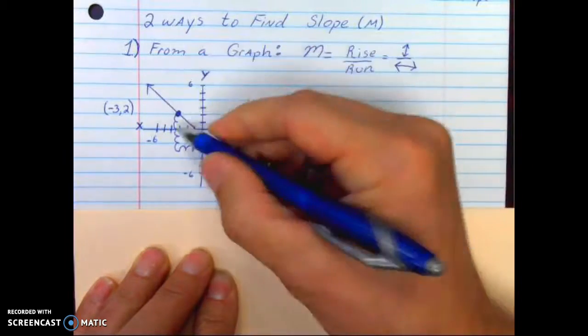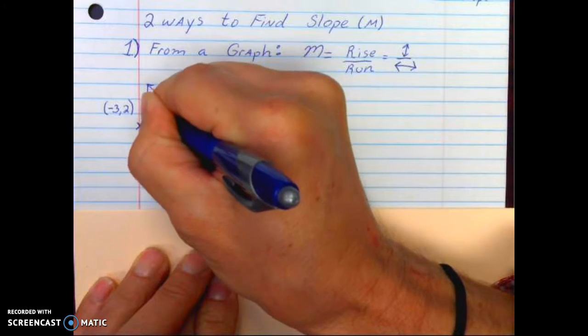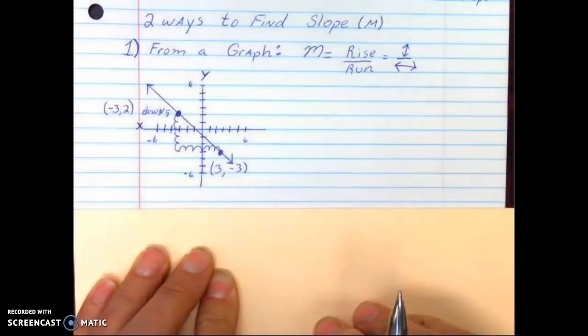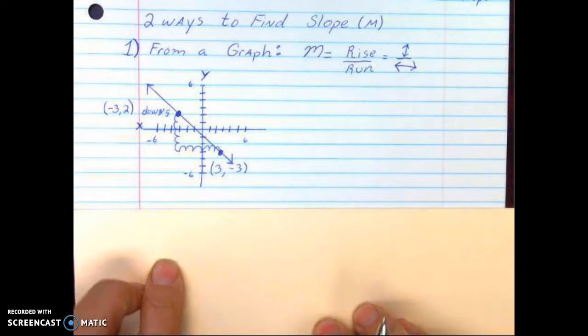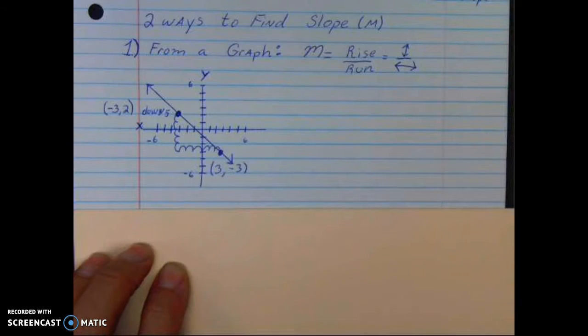So I went down 5. So I'm going to put down that. Down 5. So I went down 5. And I'll zoom up just a little bit on this.